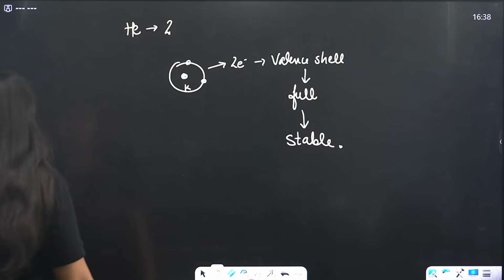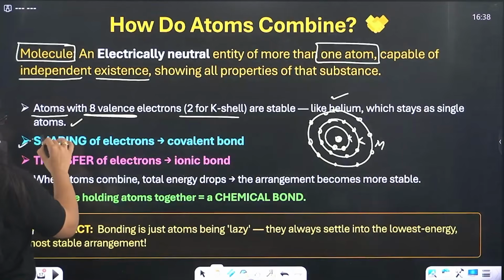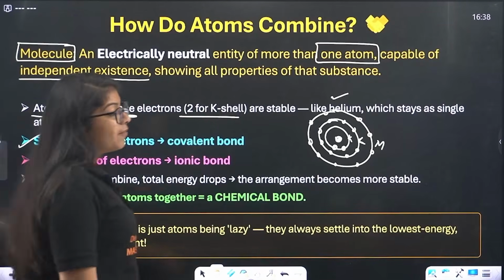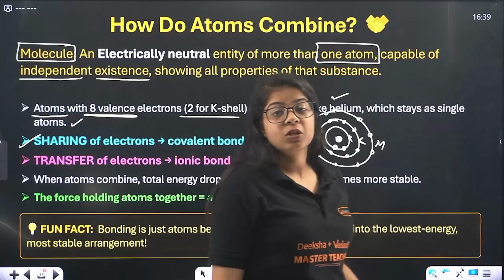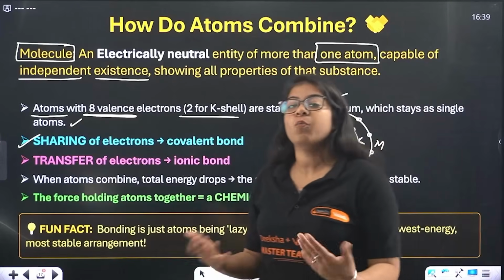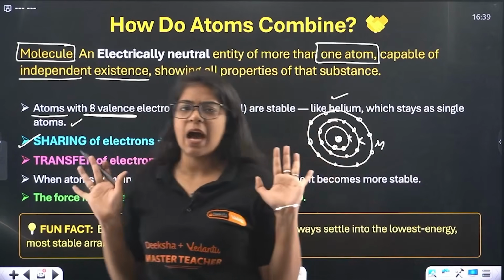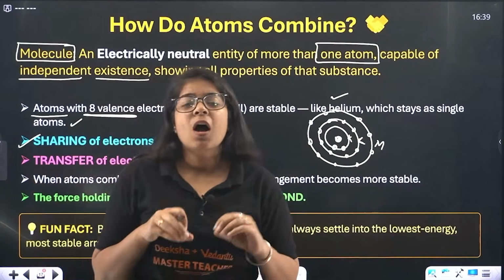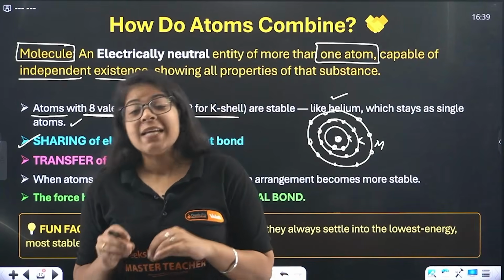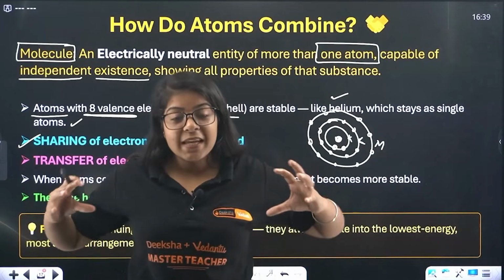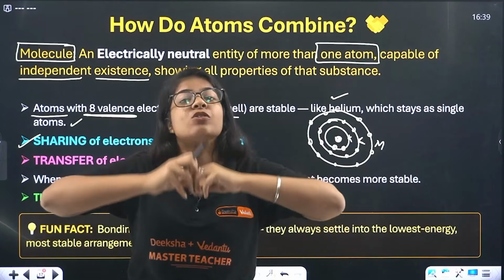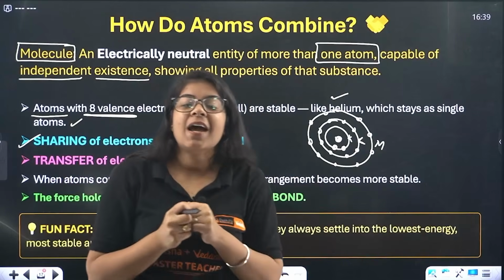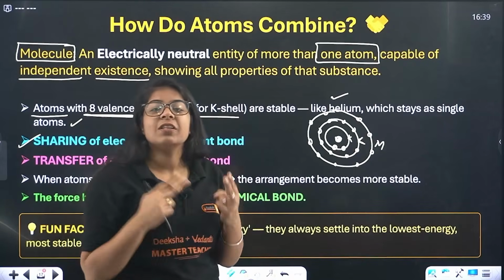Great. Next beta, we have sharing of electrons. We are saying that atoms come together, they combine to form molecules. That's the one thing we are learning, right? Now, how do they combine? They have electrons. When they come together, their electrons will also come together. So, beta, there are 2 types in which they combine.